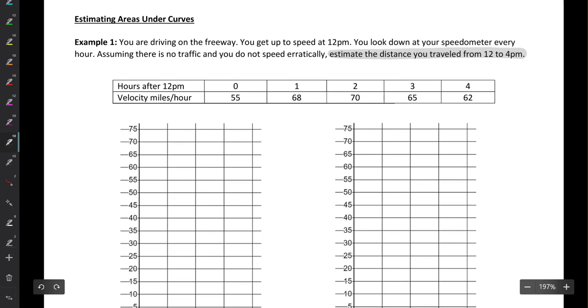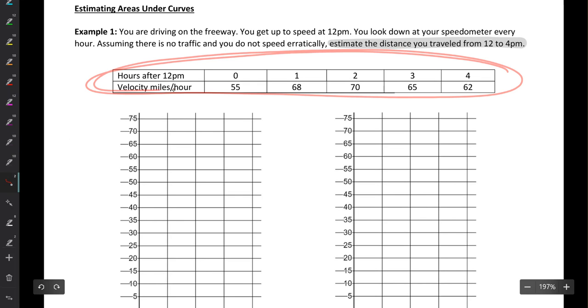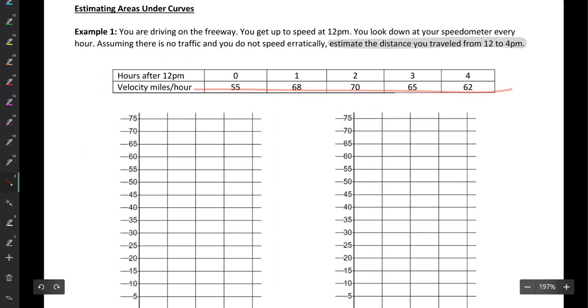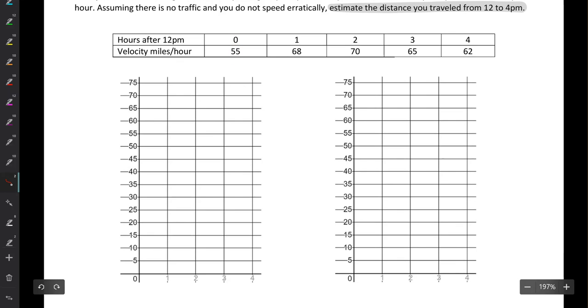All right, so we can approach this either with a table. They give us some of the information with the table of values, but we can approach it by looking at that as well as graphically. Okay, so hours after 12. So 0 hours after 12 p.m., in other words, right at noon, you look down at your speedometer and you see that you are going 55 miles per hour.